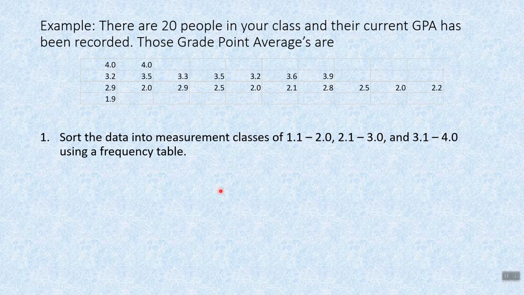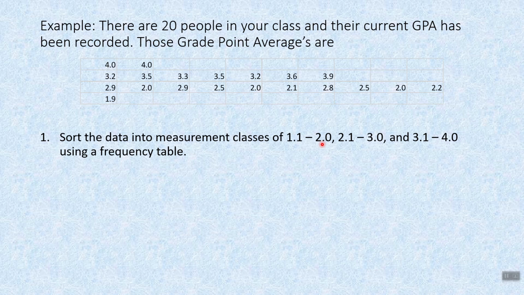There are 20 people in your class and their current grade point average has been recorded. Here's a table that has all the GPAs, 4s, 3s, 2s, and 1s. What we want to do is sort the data into measurement classes. Measurement classes are ranges of values that we might consider, salaries from, say, 20,000 to 39,999, 40,000 to 59,999, or GPAs in this case, 1.1 to 2.0, 2.1 to 3.0.